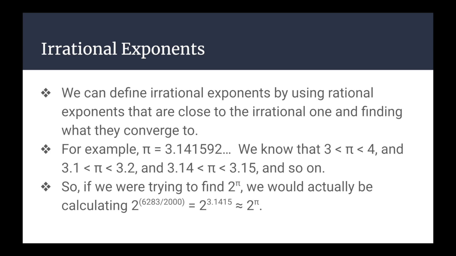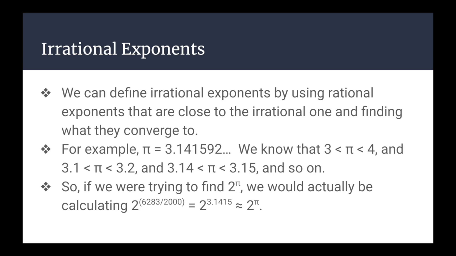Irrational exponents. This is more difficult to define because it makes less sense with roots and exponents and whole numbers. It's not quite the same, but we can define irrational exponents by using rational exponents that are close to the irrational one and finding what they converge to.